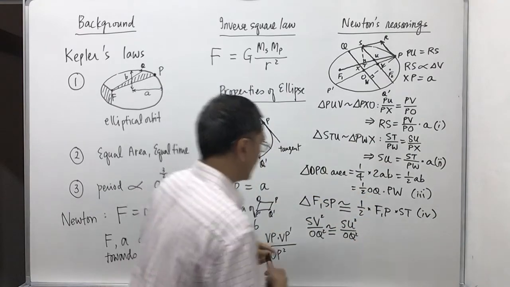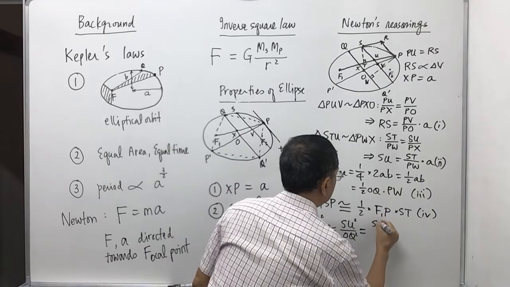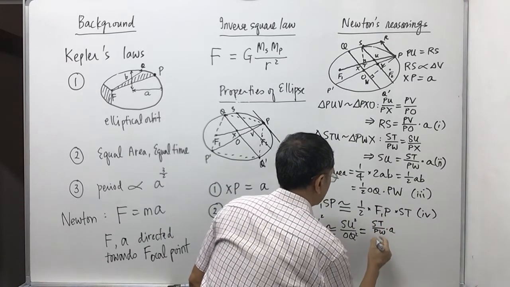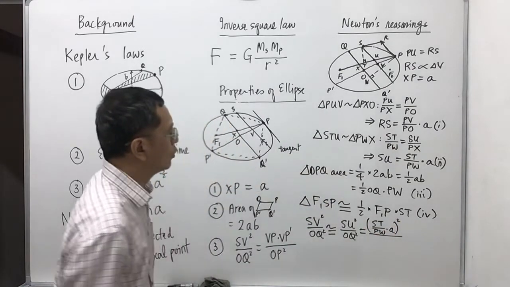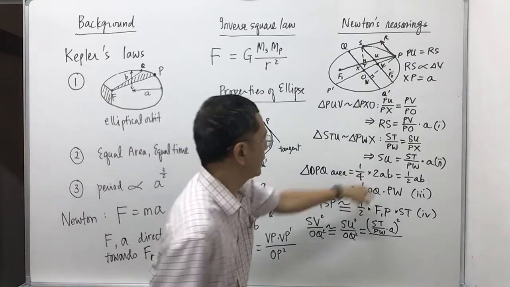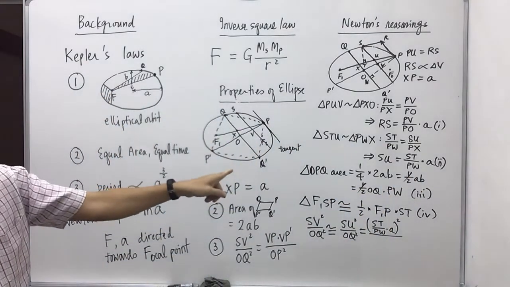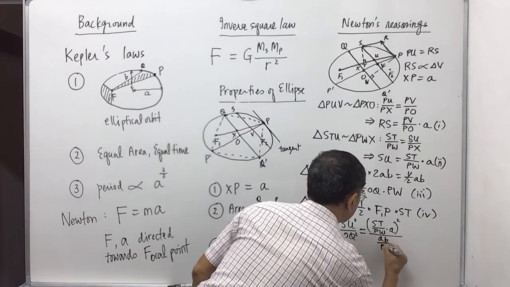So I'm going to write them down. SU is ST over PW times A squared over OQ, now the half we can actually drop, half and half. OQ is AB over PW. The whole thing squared.